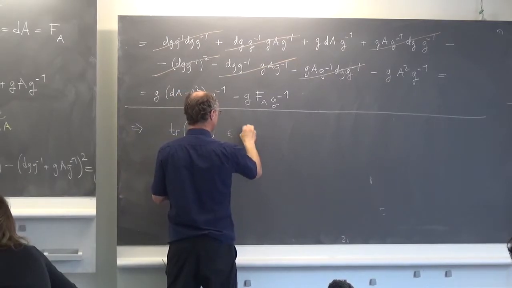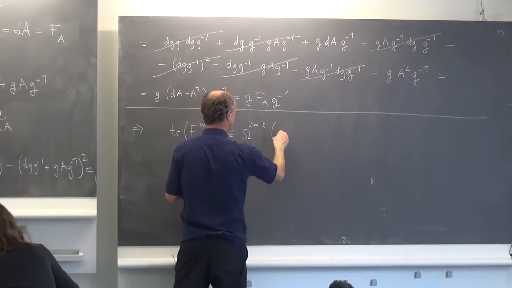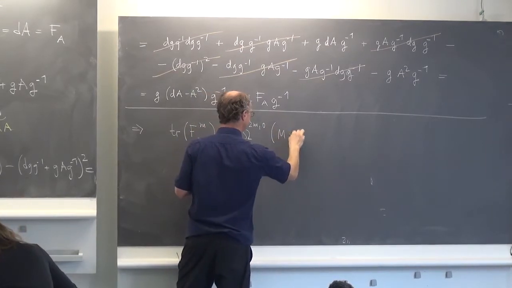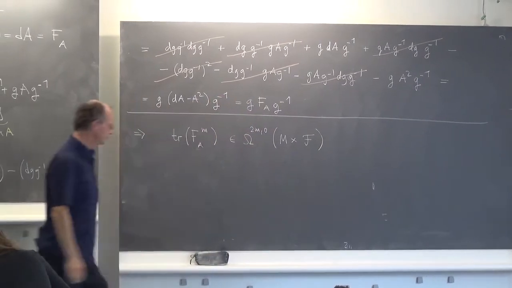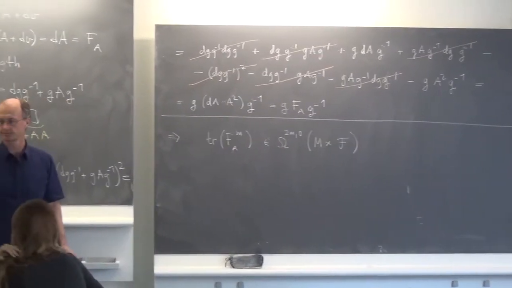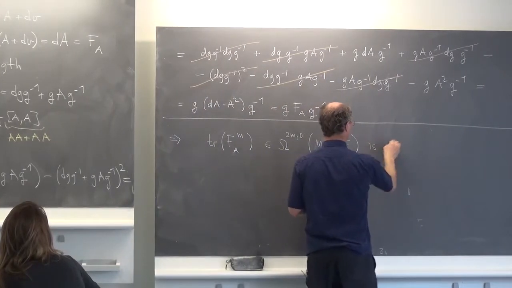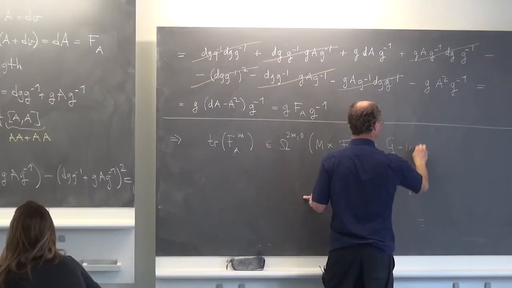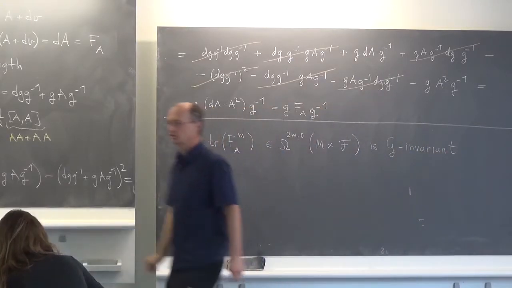This is an element of Omega^{2m}(M) times the space of gauge fields, and it is G invariant.